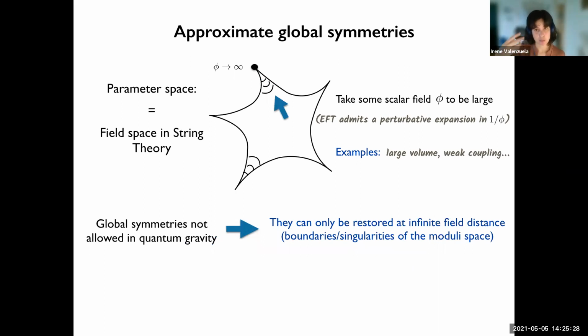Because parameters are typically parameterized by the vacuum expectation value of some scalar fields. And this is also related to the absence of free parameters and -1 for global symmetries and so on. And if global symmetries are not allowed in quantum gravity, what should happen, and what happens in practice, is that the points in which you would restore some global symmetry are at infinite distance in this field space. Okay, so they are pushed to the boundaries of the field space.